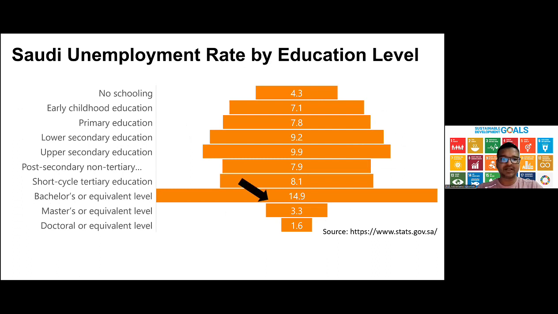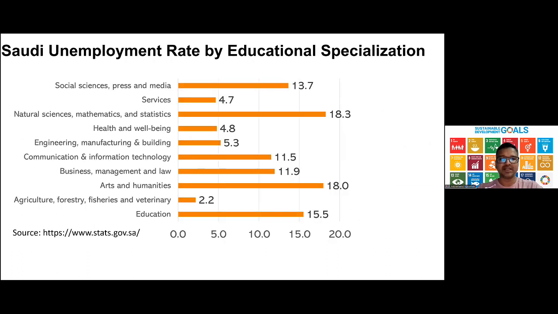At the bachelor's or equivalent level, the unemployment rate is high, which is 14.9%, especially for three subject classifications: natural science, mathematics and statistics, arts and humanities, and education. The unemployment rate is very high.